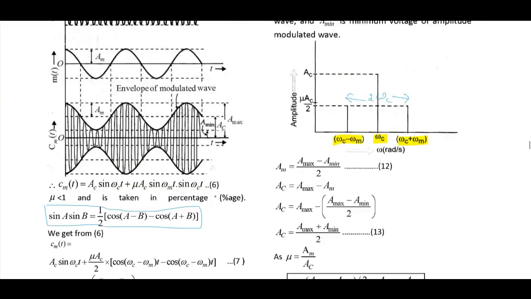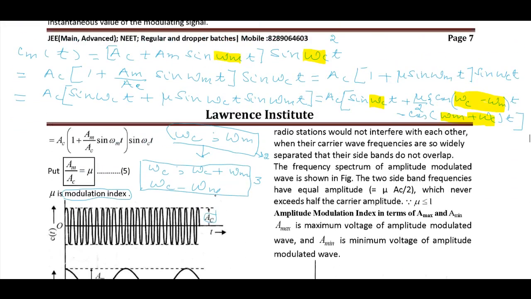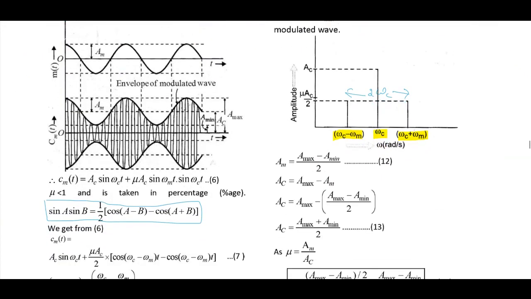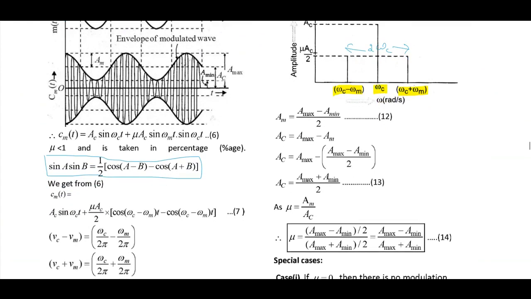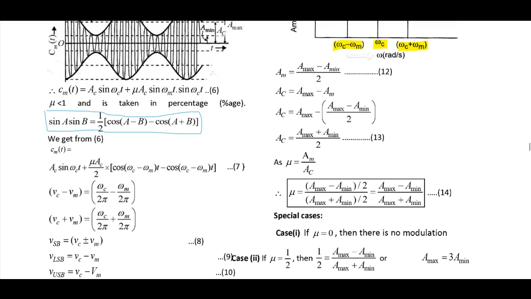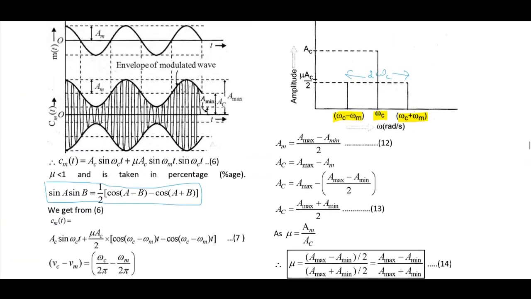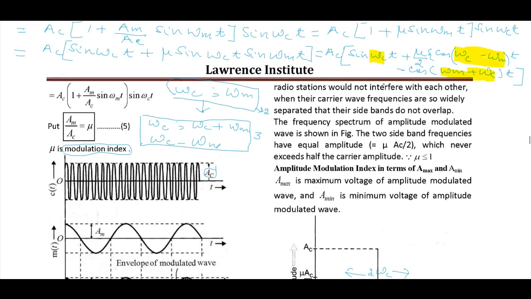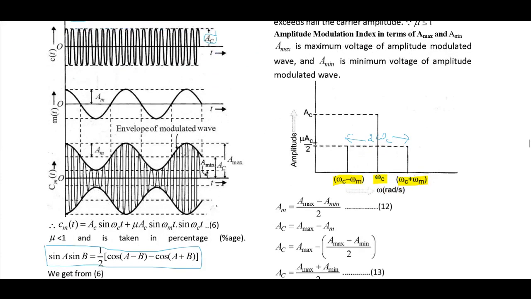CMT is represented by this wave, which I have drawn as an expression, and CMT is basically the complete expression. Here it is not written, I have written it above. This is the complete expression, with omega c minus omega m and omega c plus omega m.